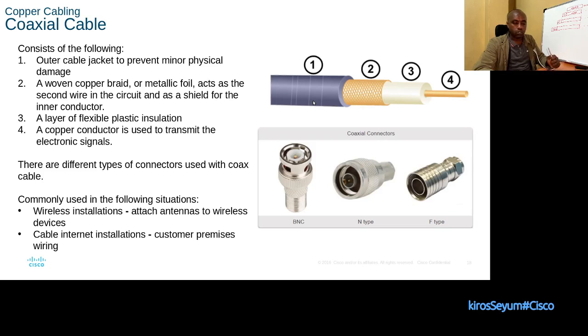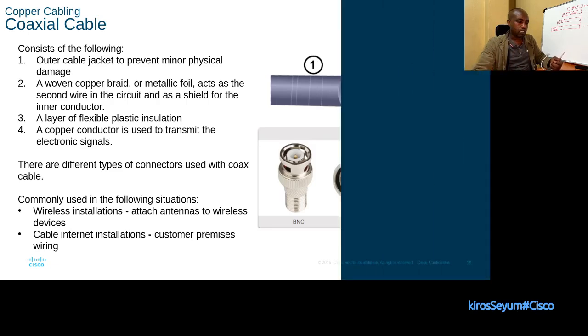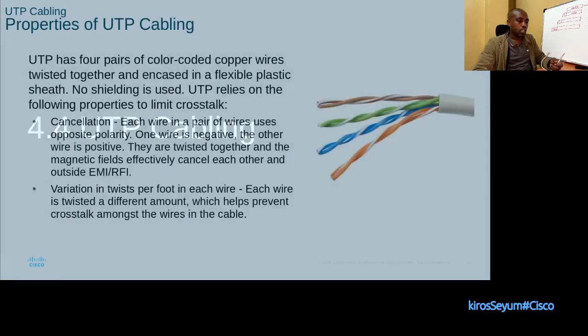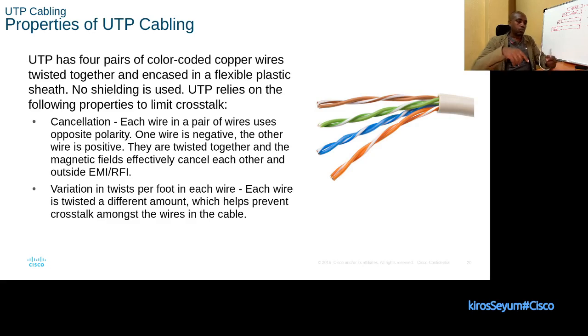I hope you know that coaxial cable is for dish or TV interconnection, but that one can be used for data communication also. As I have told you, this is common in developed countries. For example, in Europe, I have seen cables for data communication. UTP, as I have told you, has 4 pairs of cables.